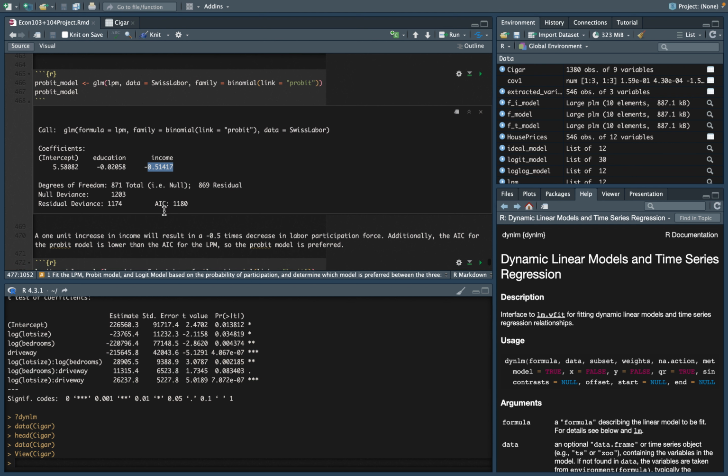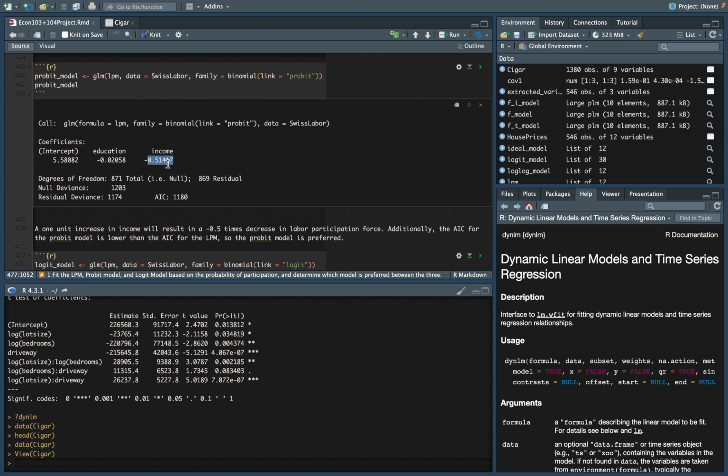And so what we can interpret this as is if there's a 1 unit increase in the income, then that will result in a negative 0.5 decrease in the labor participation. Not necessarily percentage because that would be way too big. But we can interpret that as like a times decrease for the probit model. And notice how the AIC is automatically calculated here.